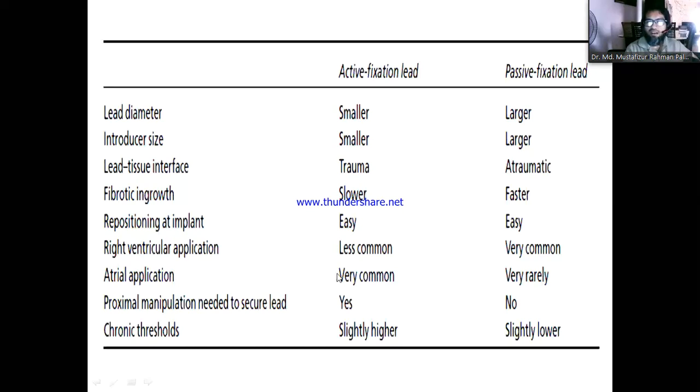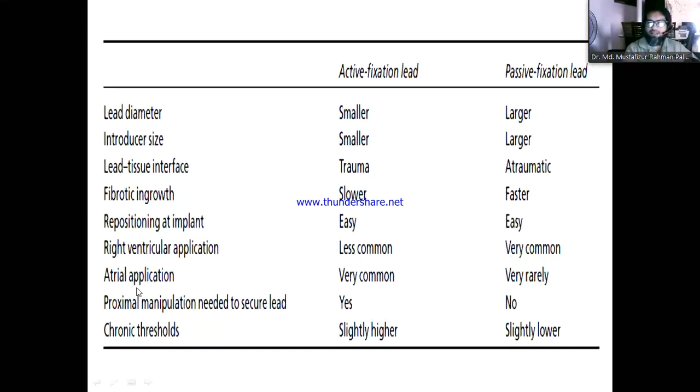Right ventricular application is usually less common. Active fixation can be implanted anywhere, in the RV, the outflow tract, and nowadays His bundle pacing is very commonly done. In the lower part of the septum, you can actively fix the lead anywhere in the right ventricle. But with passive fixation, you have to implant the lead in the apex, more likely, otherwise it will dislodge.